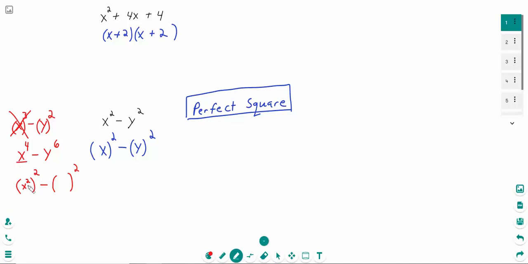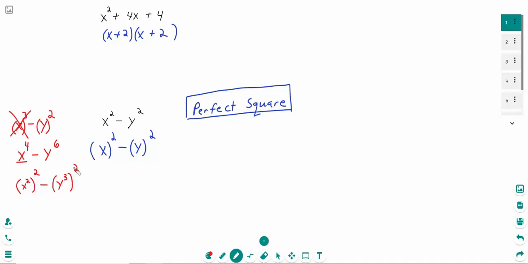So here, clearly, there is a way to write this as a set of parentheses being raised to the second power. How about y to the sixth? What would go in this set of parentheses? Well, think about it. What would go in there? Y to the third, right?